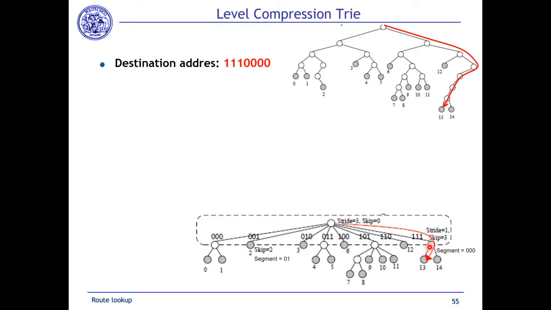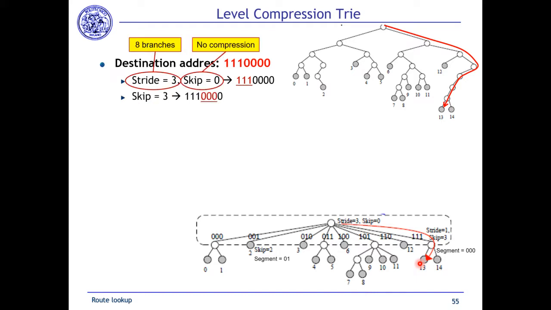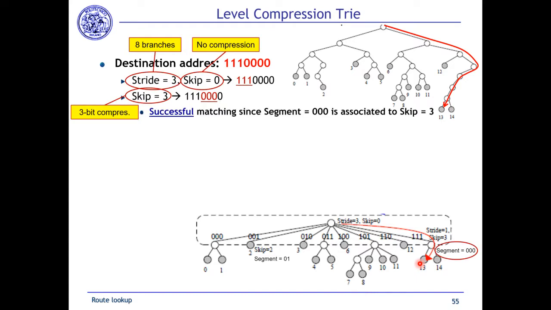So you have to check matching of the next 3 bits with the segment, and they are matching. Okay, so you can cross this node and arrive at node 13. So this is the successful operation.